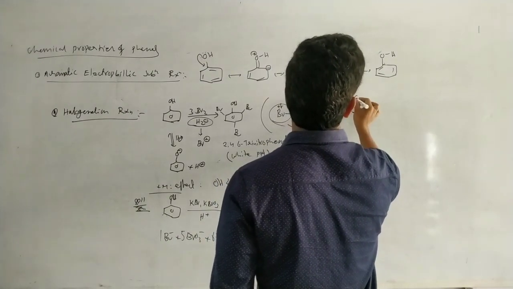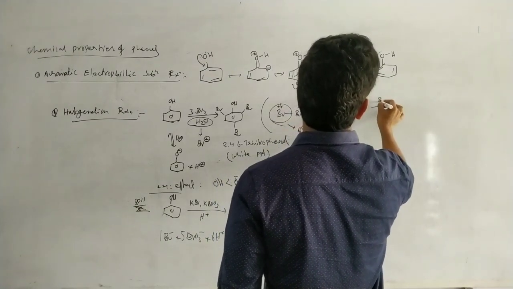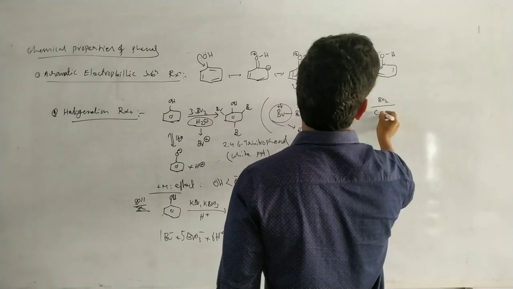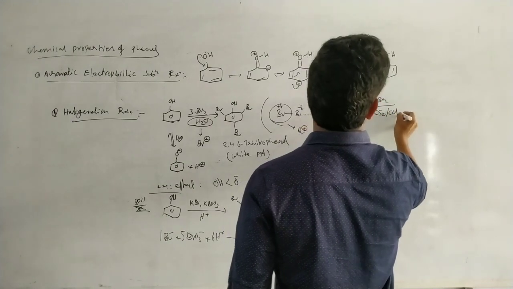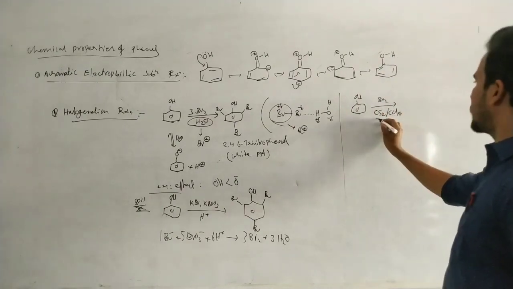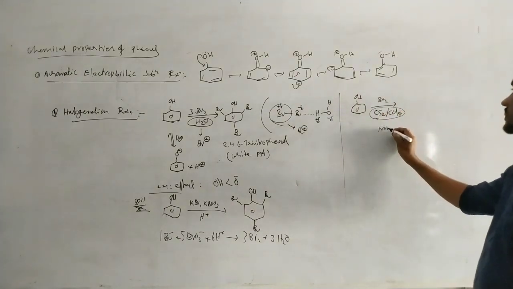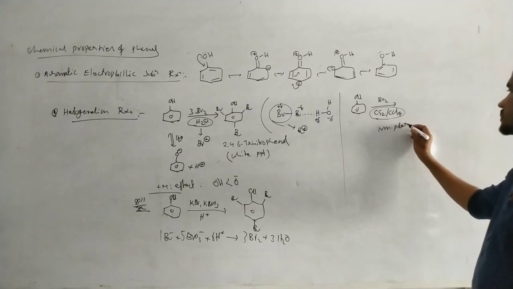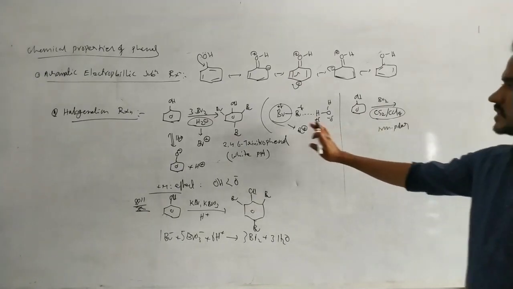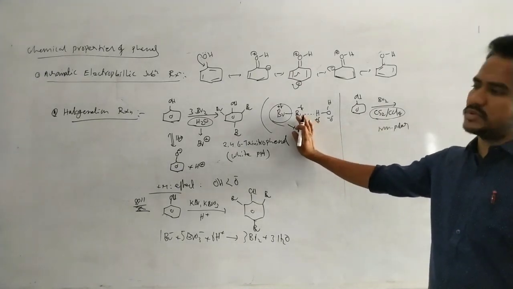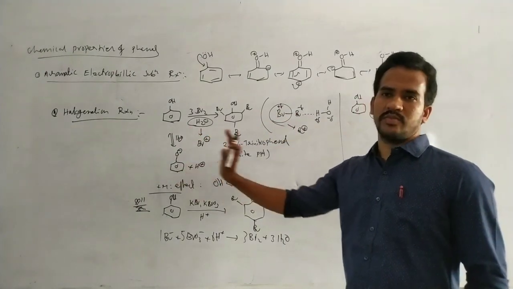Now for monobromination, we have to take carbon disulfide or CCl4 solvent. It is a non-polar solvent. In non-polar solvents, this type of polarization is not possible, and this type of ionization is not possible.